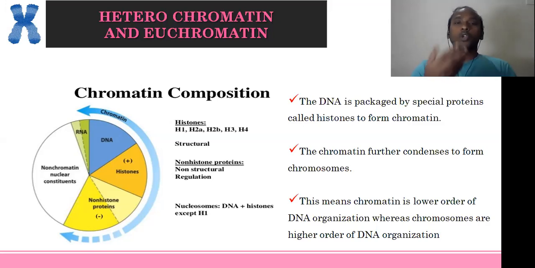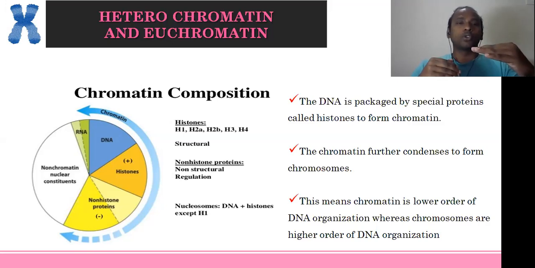Then what do you mean by chromosome? The chromosome is where this chromatin is further condensed. So friends, you should clearly understand there is a difference between chromatin and chromosome. Chromatin is the early level of organization of the DNA, and the chromosome is the higher order organization of the DNA.